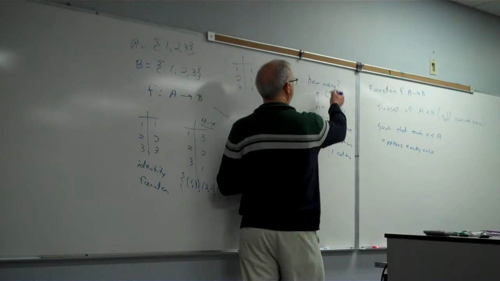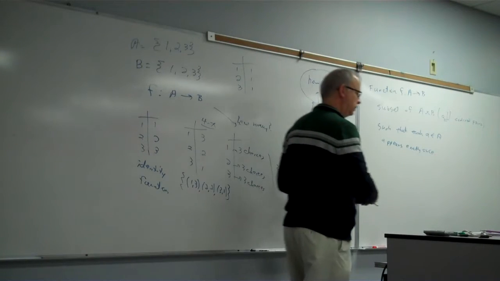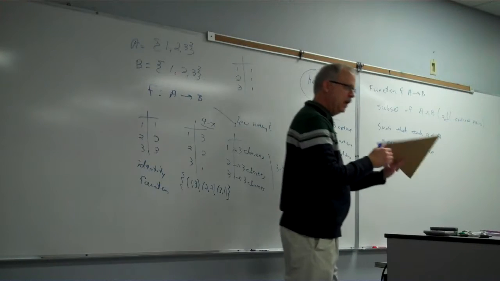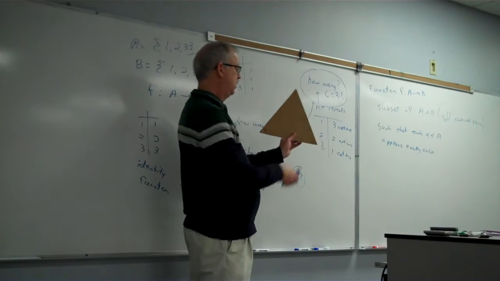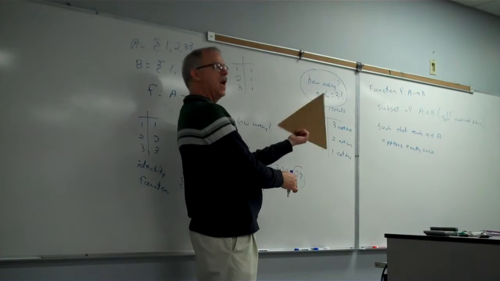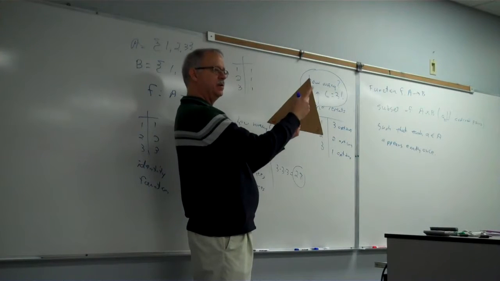And in fact, we've already looked at these a little bit. We didn't realize it at the time, but we had the rigid motions of the triangle, the original vertices 1, 2, and 3. What happens when we flip? 1 stays the same, 2 and 3 flip.